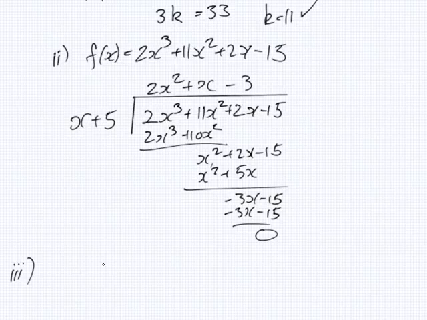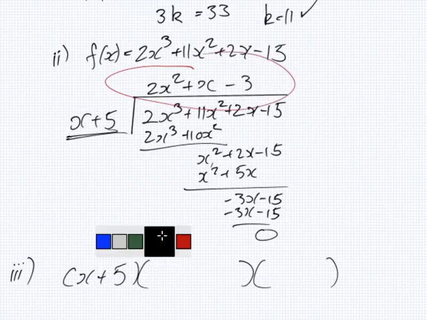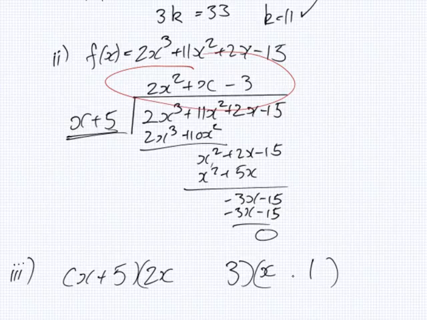Right, we need to factorize this. So the first factor, we have it, it's x plus 5. And then the next 2 factors come from this, which has to be 2x and x, doesn't it? 3 and 1, plus and minus maybe.